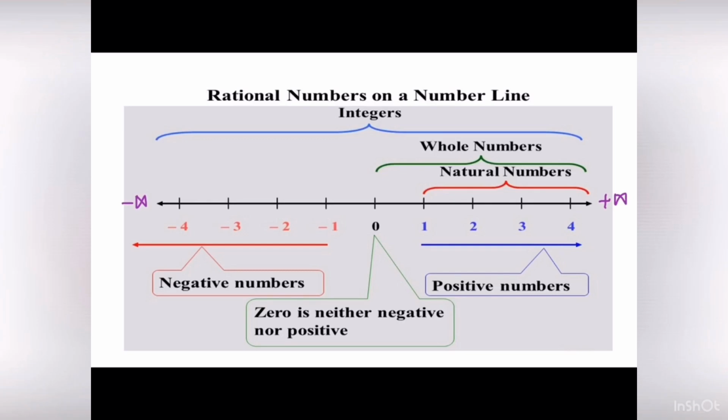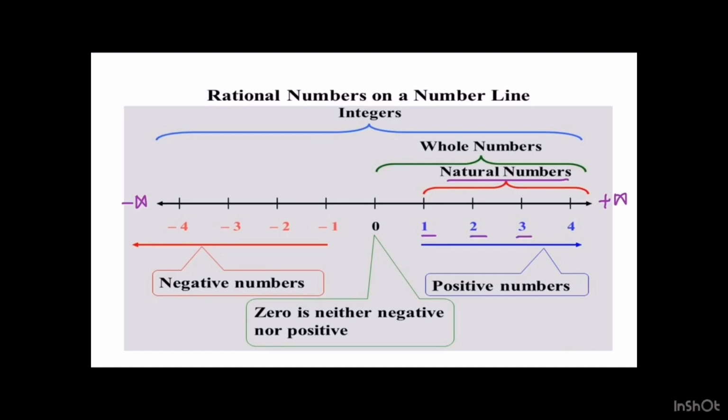This number line shows the representation of natural numbers, that is 1, 2, 3, 4 and so on. Whole numbers, that is 0, 1, 2, 3, 4 and so on.